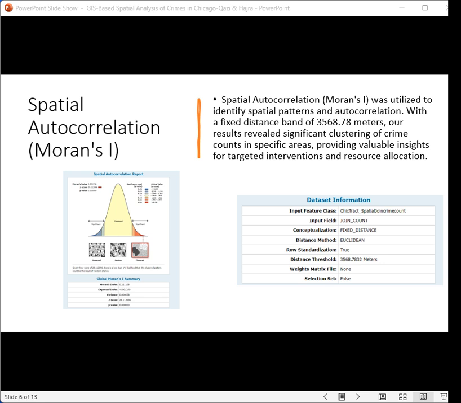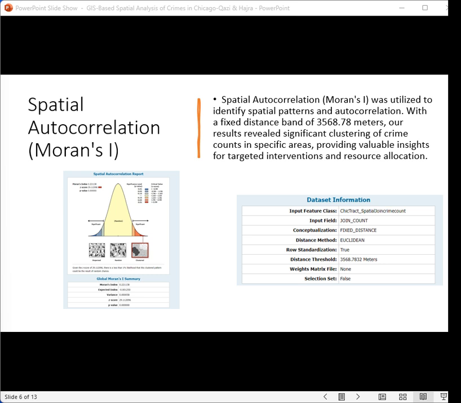The result highlighted significant clustering of crime counts in specific areas of the city, providing valuable information for law enforcement and policymakers.